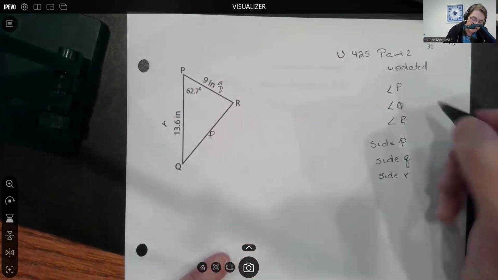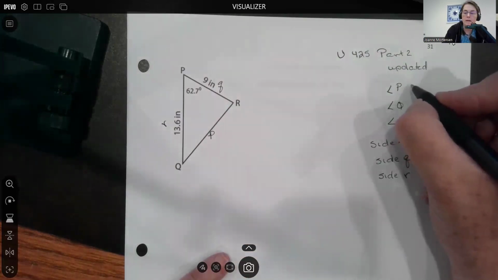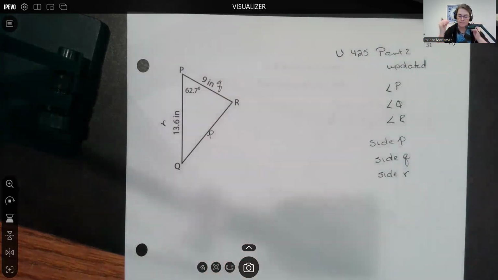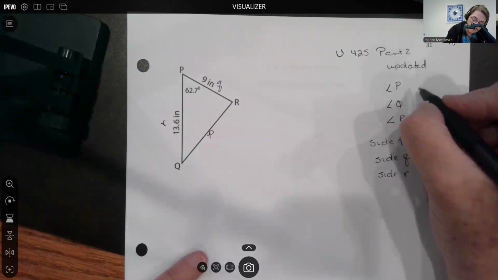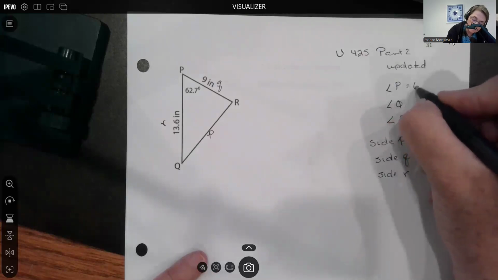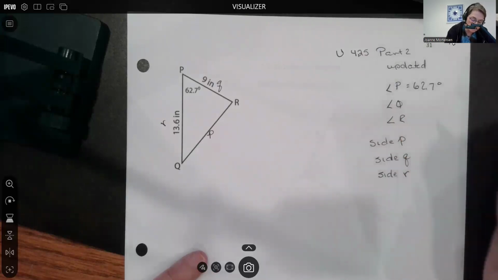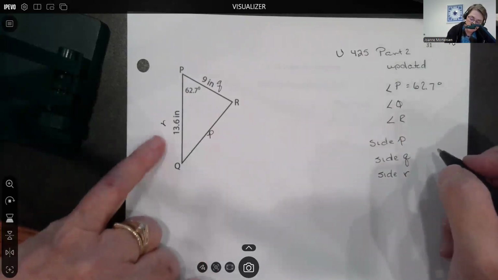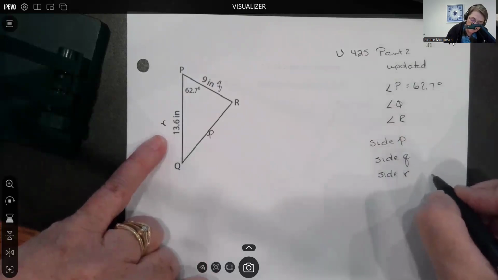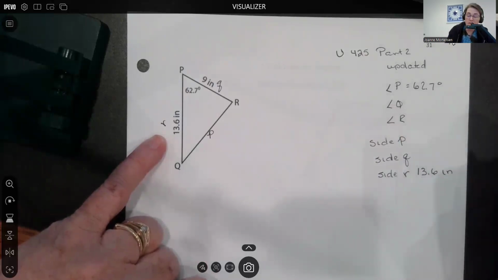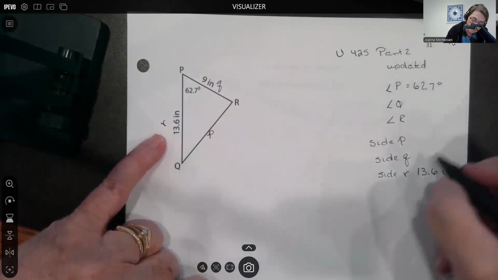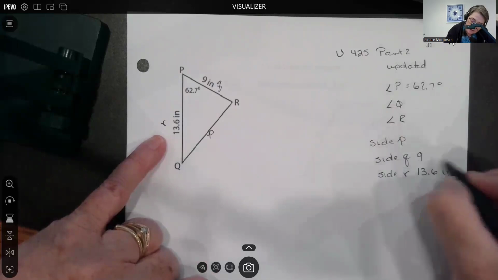And what we know: angle P is 62.7 degrees. I don't know the other two angles, but I do know that side R is 13.6 inches. If there's units given, you might as well use them. And Q is 9 inches.